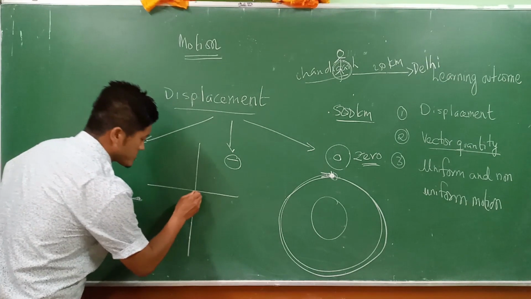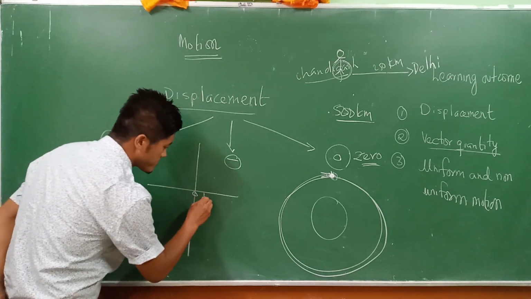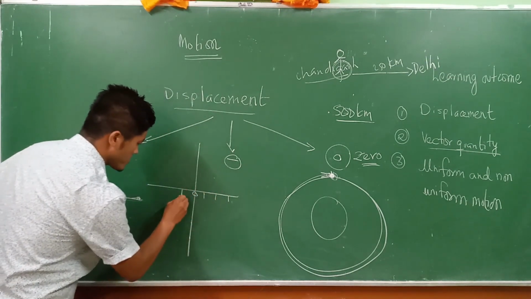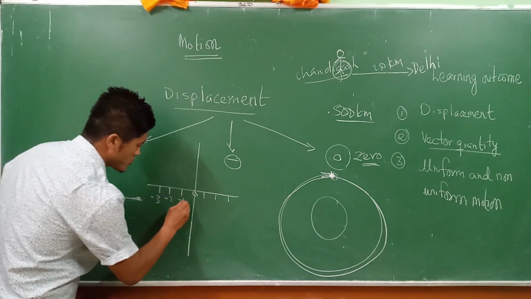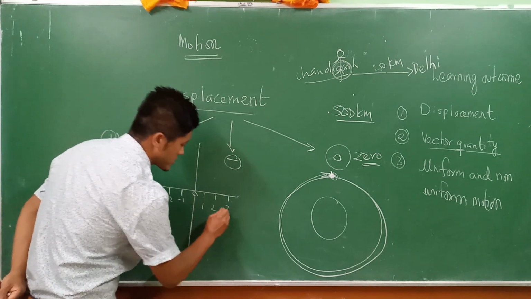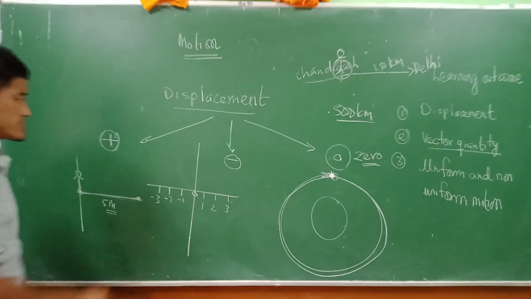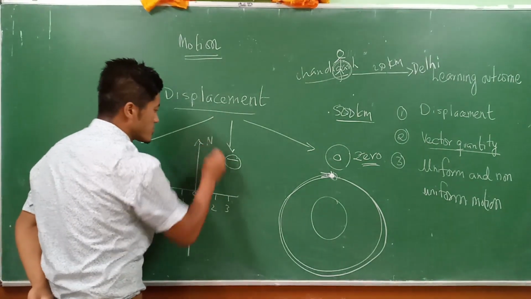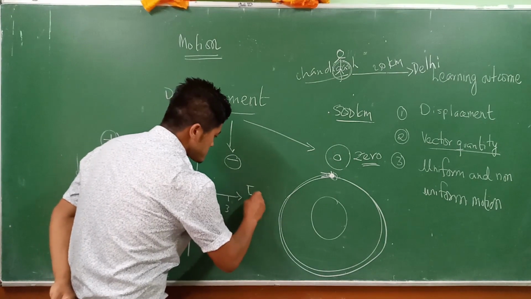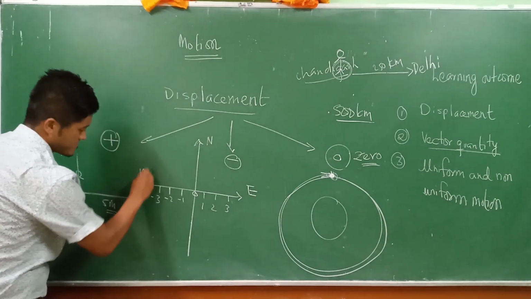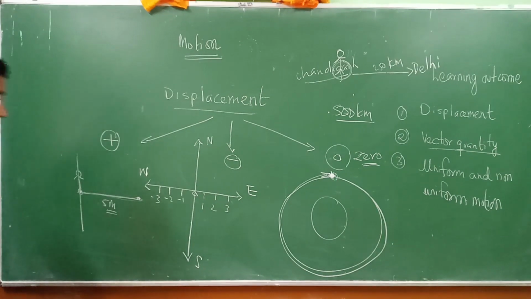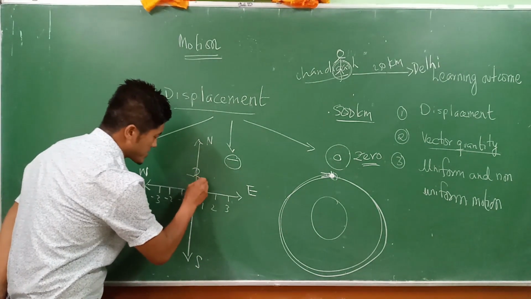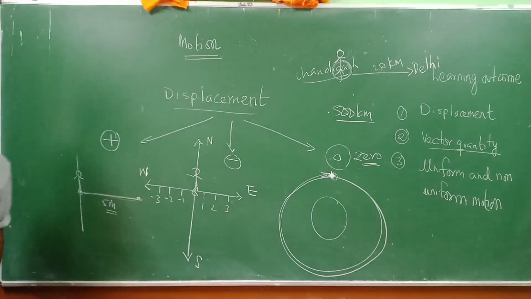Now, talking about negative displacement, I'm going to draw one small graph here. This is 0, and this is -3, -2, -1, 0, 1, 2, 3. This is north, east, west, south. Now there is a person standing over here at 0.